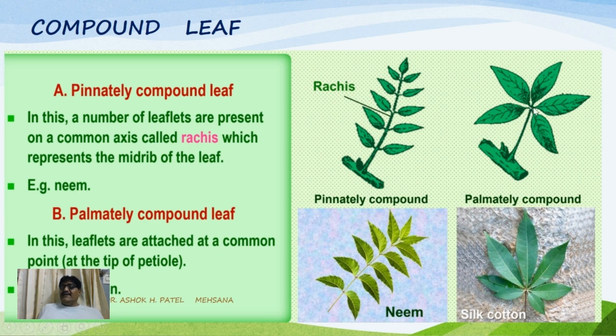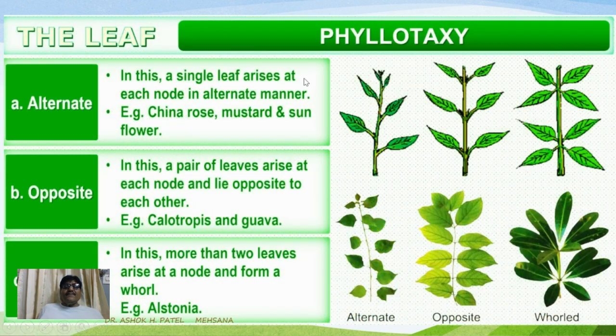Each and every leaflet is joined at the tip of the petiole. So the structure becomes like a palm, and those are like fingers. So it is called the palmate compound leaf. Here the example of pinnately compound leaf is neem, and silk cotton is an example of the palmately compound leaf.